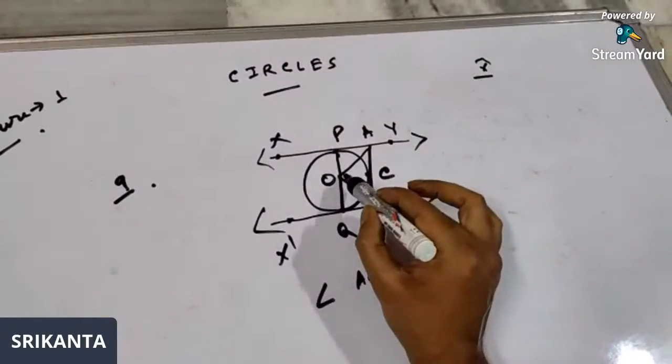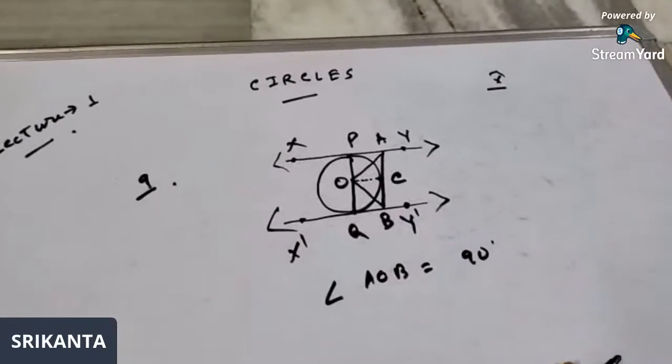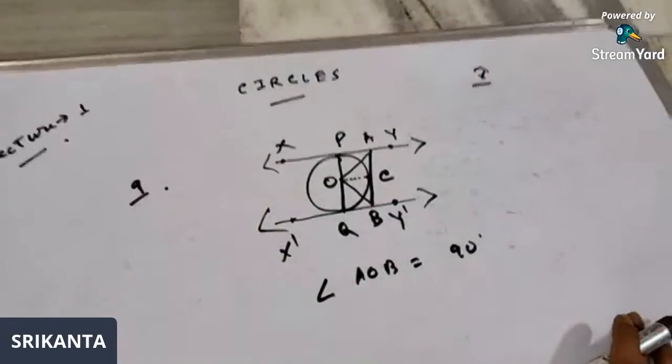Fine. So first of all, if I draw this, then OC is perpendicular to that.